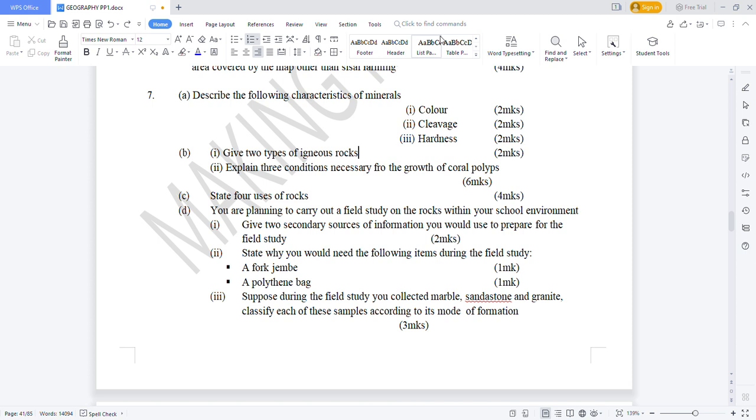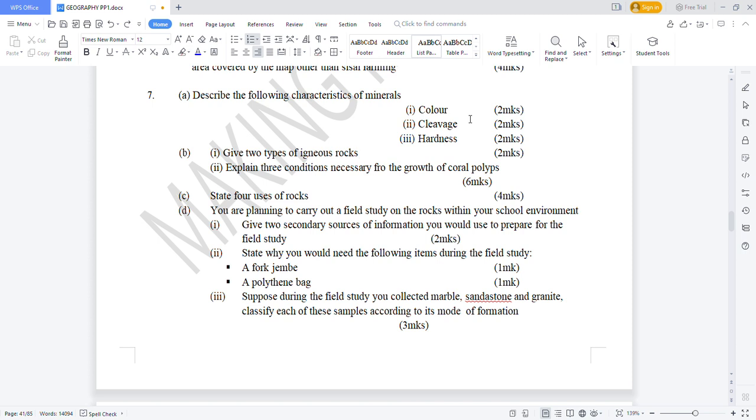Then rocks can be broken down into fertile soils which can be used in agriculture.